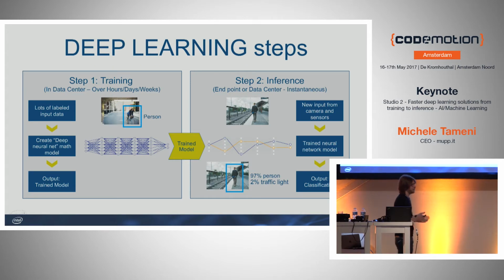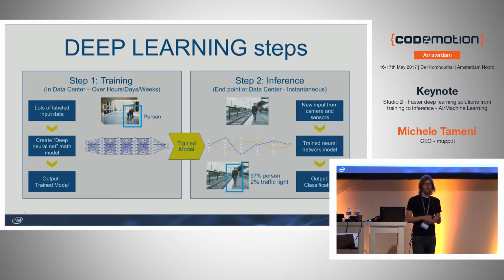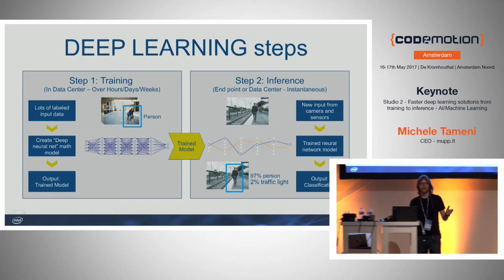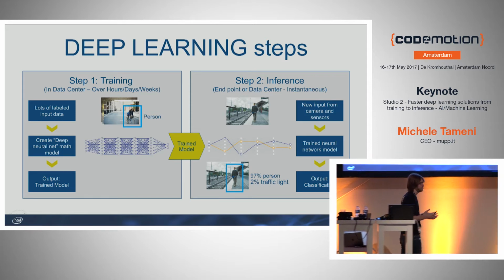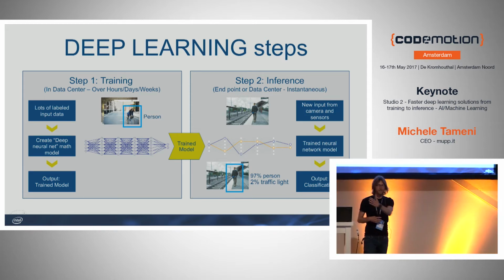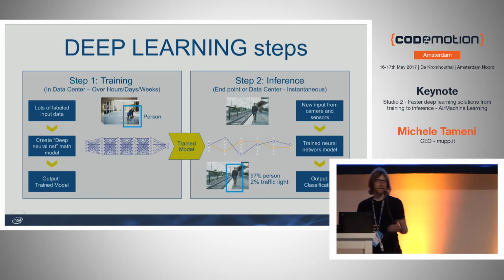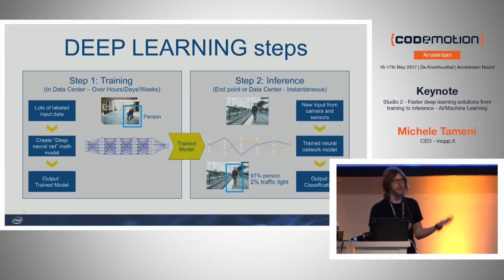And the process of deep learning can be divided into two big parts, the training part and the inference part. In the training part, you need to prepare a large data set of images, in this case, for example, or documents that are labeled or categorized.